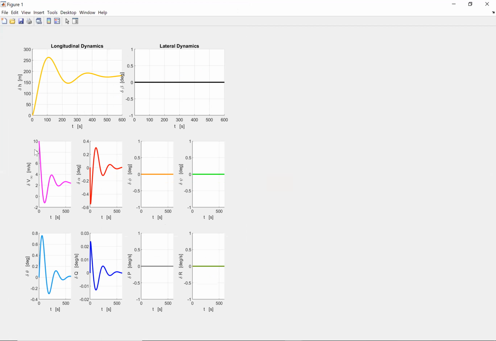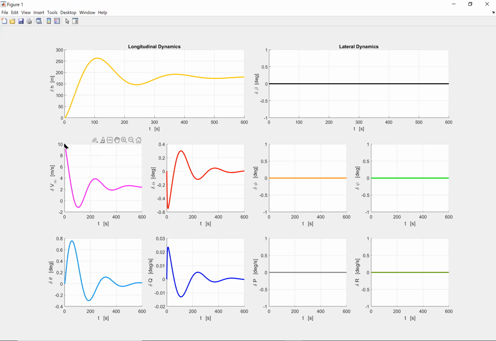So we had an initial perturbation of 10 meters per second when it comes to the airspeed. And then as the time goes by, this settles at a little perturbed value. So it's not going to go back to 0. So we're going to have an increase in the airspeed over our trimmed airspeed.